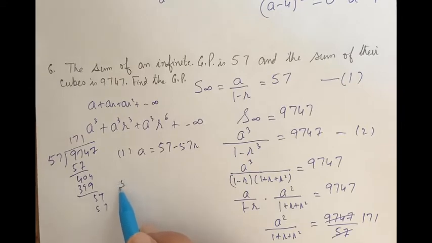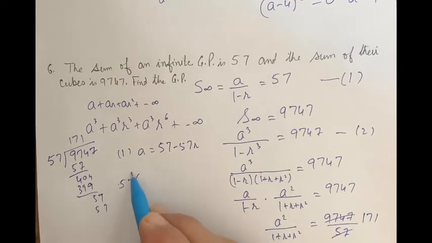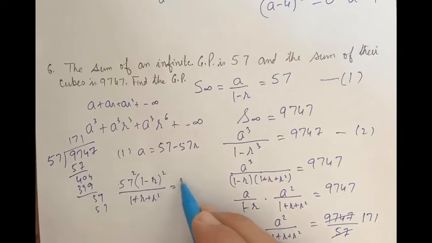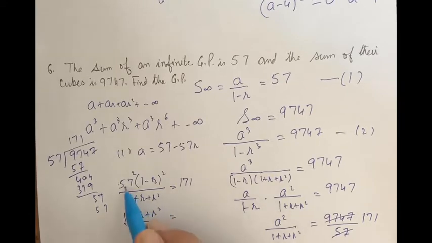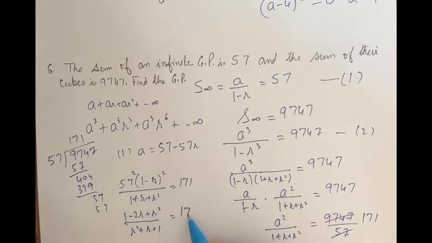A square is 57 square into 1 minus r square upon 1 plus r square. This is equal to 171. 1 minus r whole square is 1 minus 2r plus r square upon r square plus r plus 1. 57 into 3, 171 upon 57 into 57. This will be 3 and this is 19.